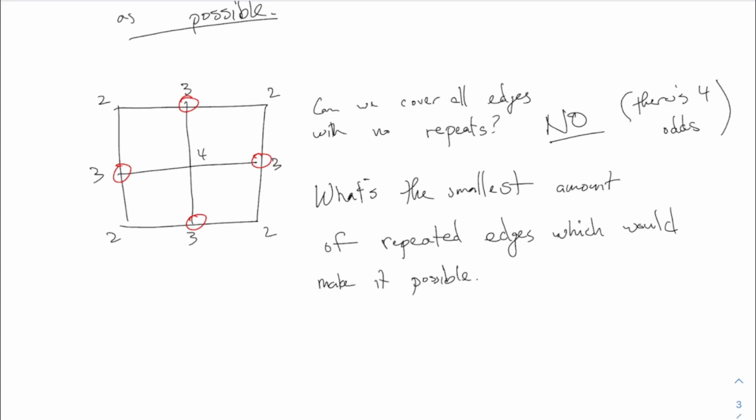And it's also, of course, very useful in the real world. If there's any real world scenario where you want to do something like this, and there is no way to do it without any repetitions, the natural next thing you're going to try is, okay, then I'm going to try to do it repeating as few as possible. What's the smallest amount? Can you do this using only 1 repetition?